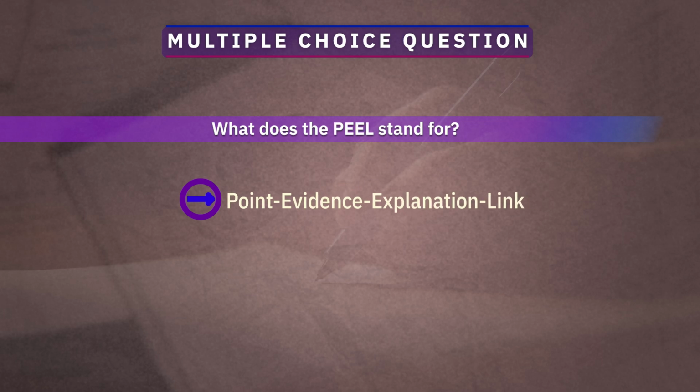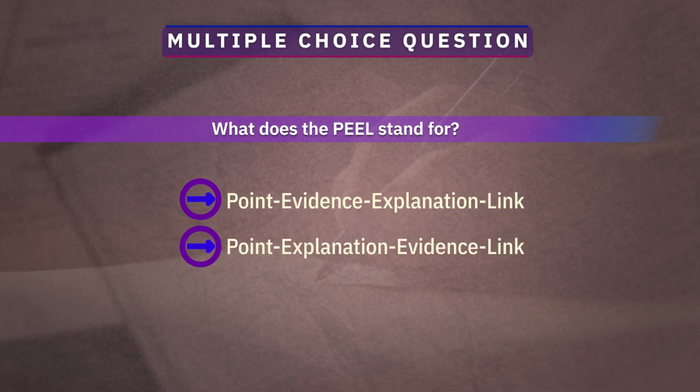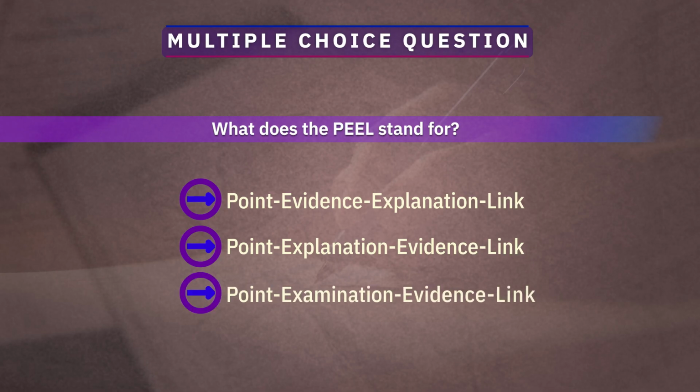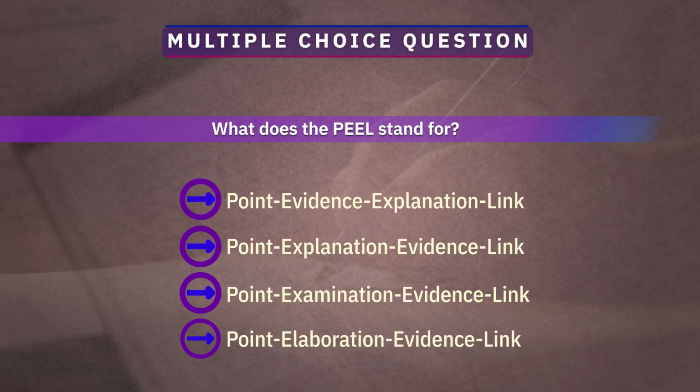Option A, point, evidence, explanation, link. Option B, point, explanation, evidence, link. Option C, point, examination, evidence, link. And option D, point, elaboration, evidence, link.